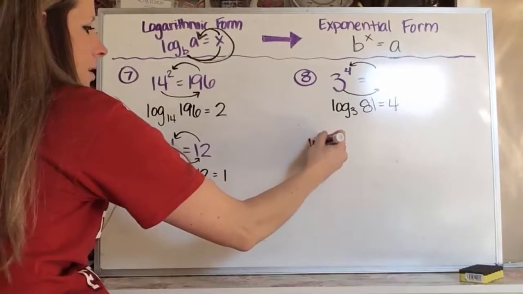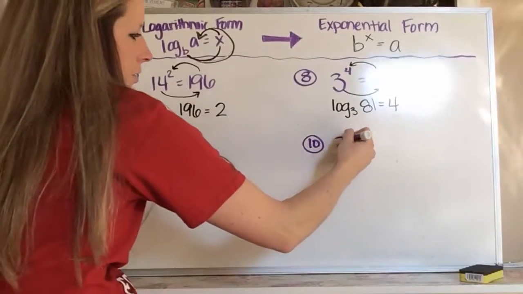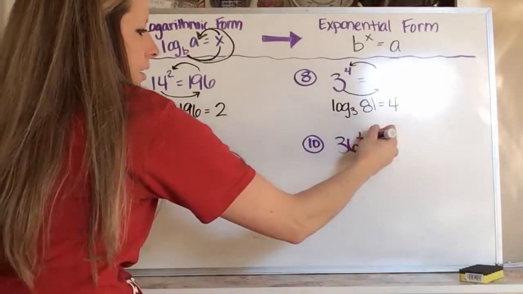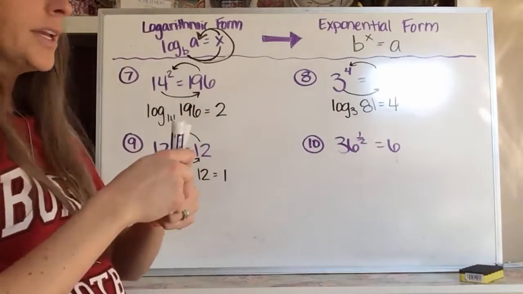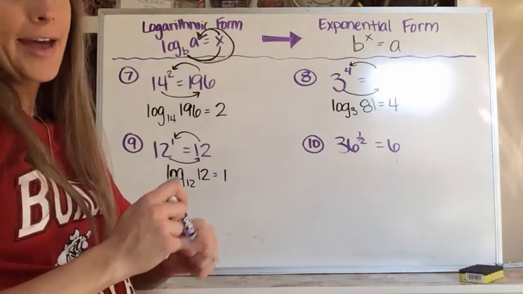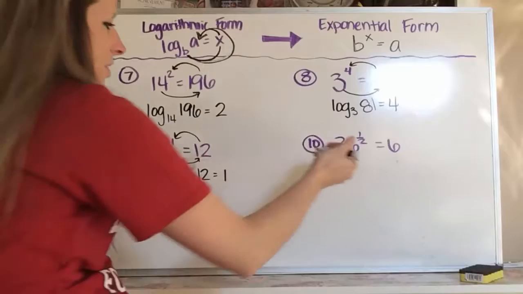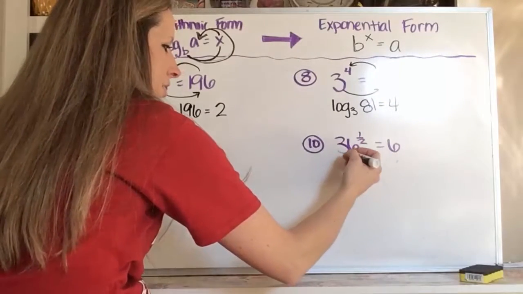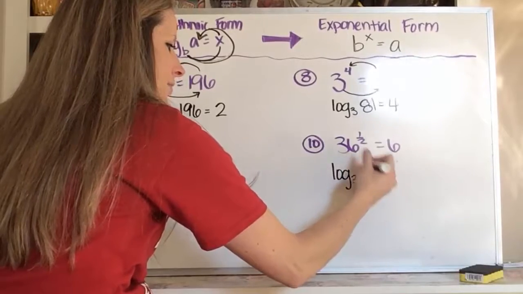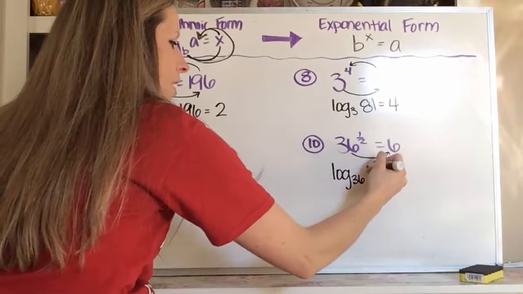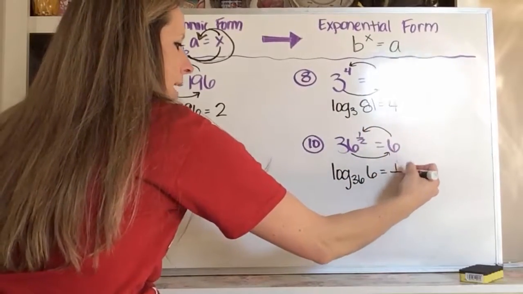On 10, I have 36 to the 1/2 power equals 6. Here's a little hint: rational exponents are back. We'll go over that more later this week, but they are coming back. So we start with our base, log base 36. Go counterclockwise, of 6 equals 1/2.